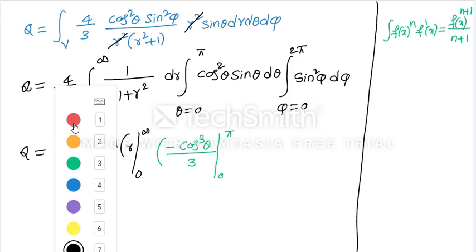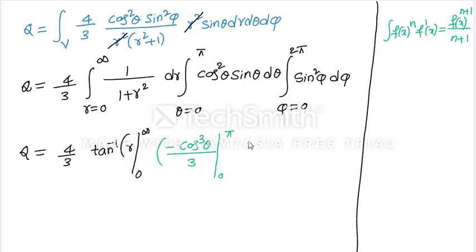So finally this is 4 times of what? The phi limits are 0 to pi by 2, and this is sine square phi into d phi.